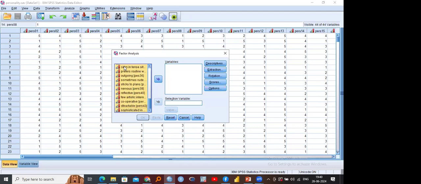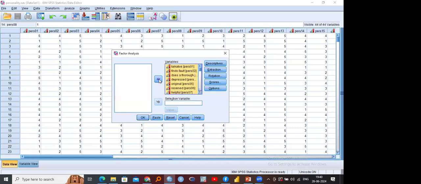Yes, Control A also works. Put all the variables in the variable section, because I have to perform dimension reduction on all these 44 variables.